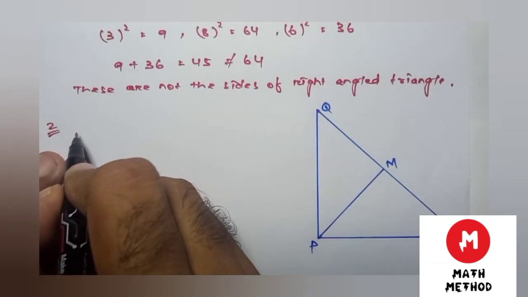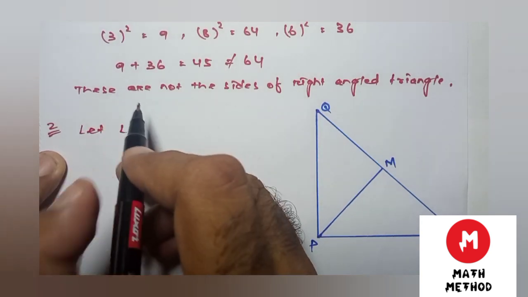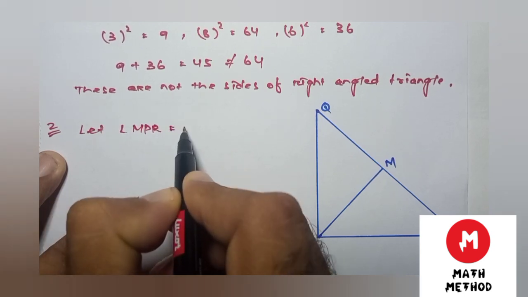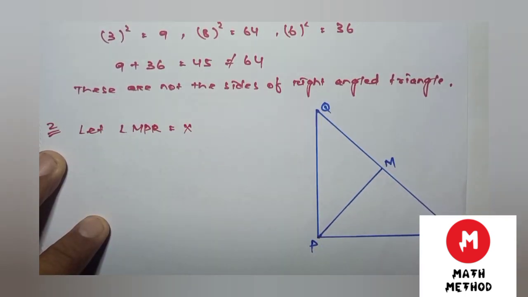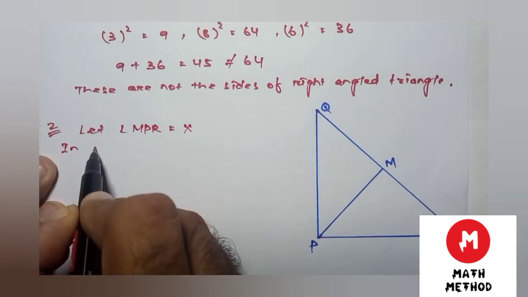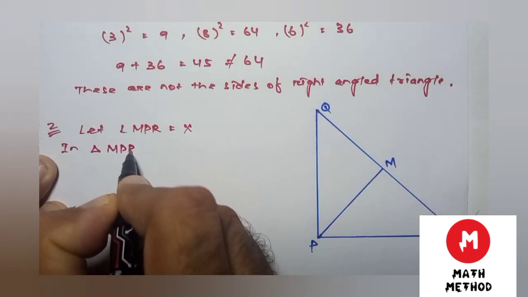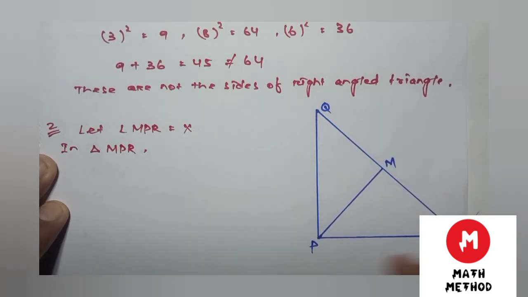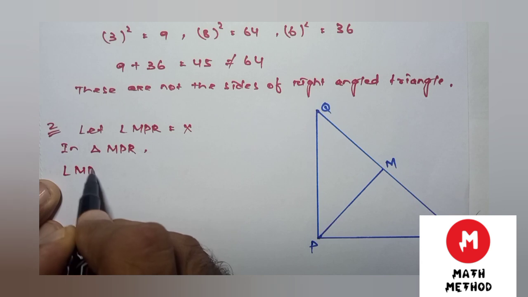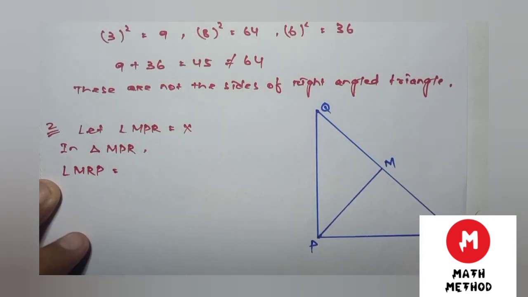Here let angle MPR be equal to X. Now in triangle MPR, angle MRP is equal to, here angle PMR is 90 degree.